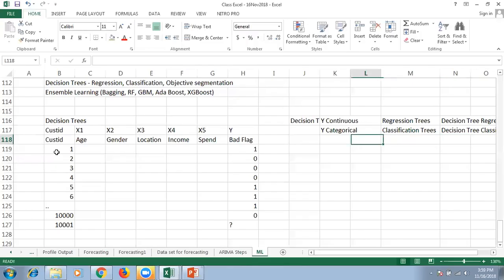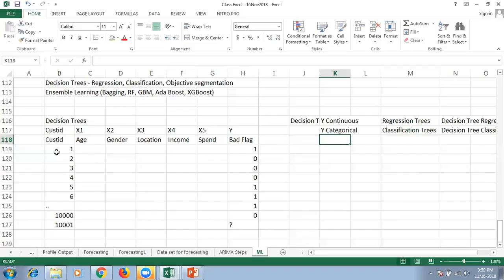Is it clear? So now if I talk about decision trees, when Y is continuous and when Y is categorical, in this case, what type of tree is it? Is it a classification tree or not? We can build a classification tree on this data, right? Because here my Y is what? Categorical, which is a 1, 0 variable.